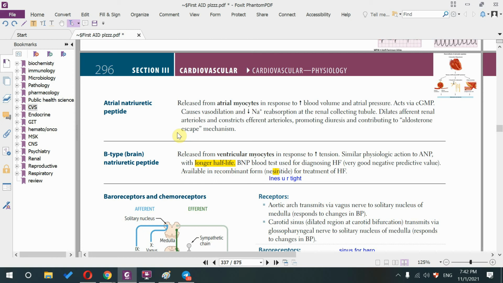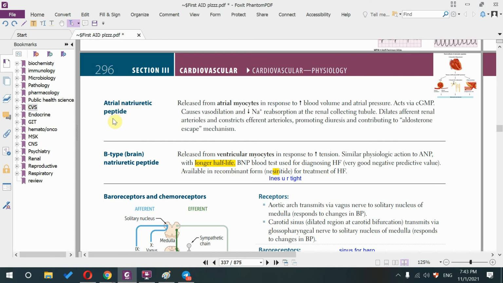And if you have a release of the ANP, that leads to vasodilatation, which decreases the blood pressure and also leads to decrease in the reabsorption of the sodium. So your sodium level goes back to normal. So someone who has chronic hyperaldosteronism has normal volemia and has normonatremia. Why? If they ask you, because of the aldosterone escape mechanism. What is that? It's what we just explained, and it's due to the release of the ANP.